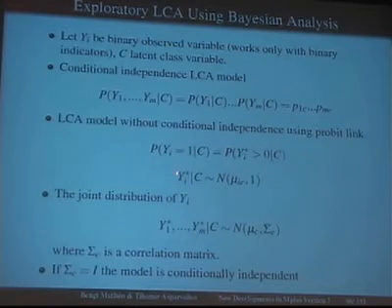Behind each binary indicator there is an underlying latent variable Y, which is normally distributed and has variance of 1 and two different means in the two classes, if you have two classes. This mean is minus the threshold value. That's a standard way of expressing latent class analysis in terms of underlying normal variables.